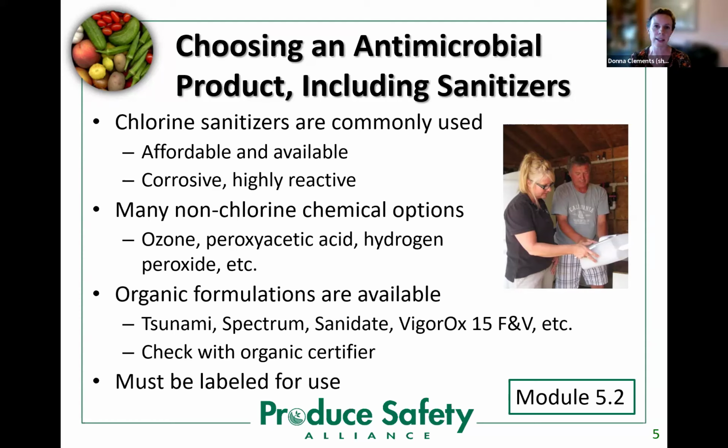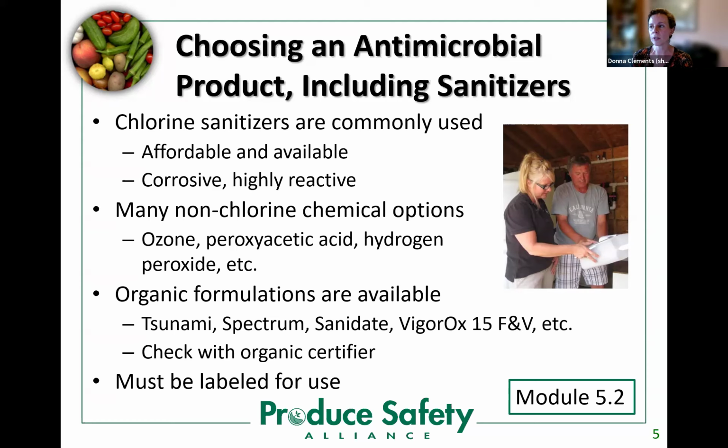So we mentioned chlorine sanitizers are commonly used. And then there's also some non-chlorine options. And we specifically mentioned peroxyacetic acid, ozone, hydrogen peroxide. And then we also sort of mentioned that there are organic formulations available. And it was really when we started teaching the grower training course and having these conversations with growers that we realized the need for additional guidance was really a necessity.